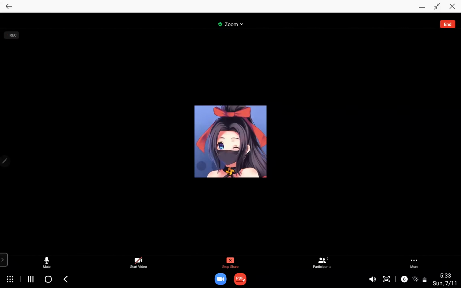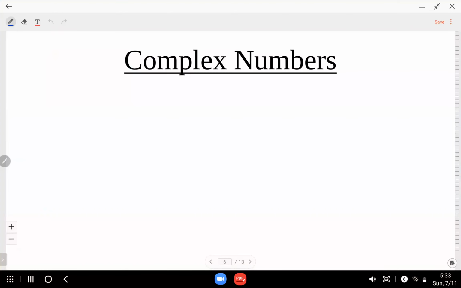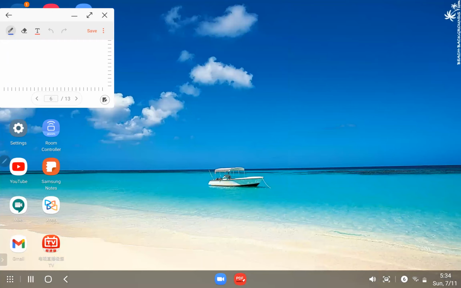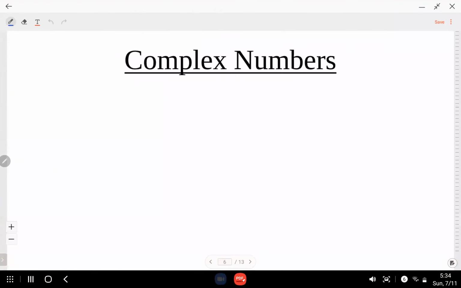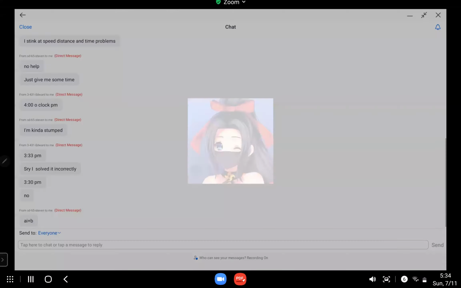All right, so now we will start complex numbers. Can anybody tell me what they know about complex numbers? What are complex numbers? We're going to be working with i today.